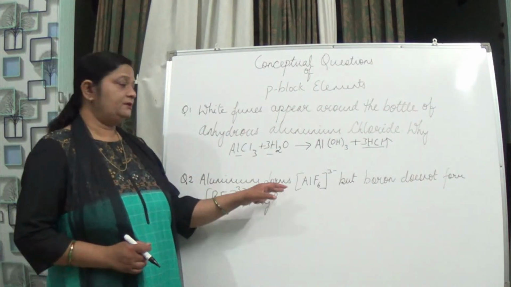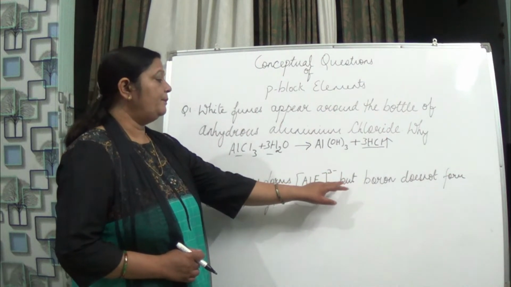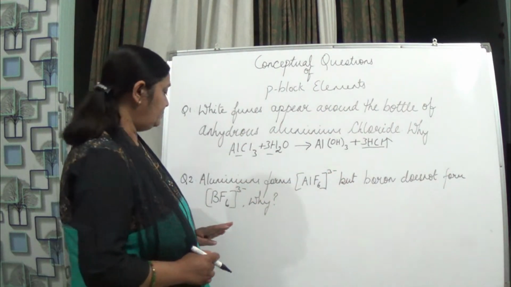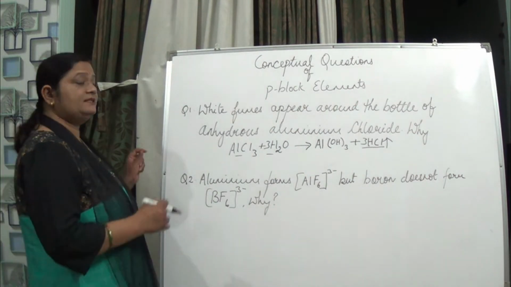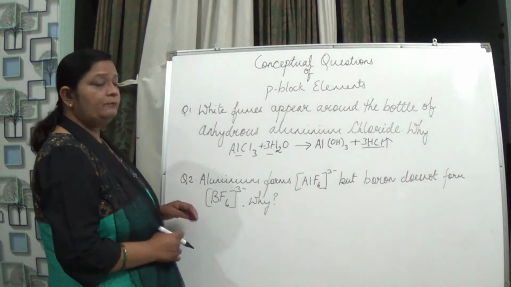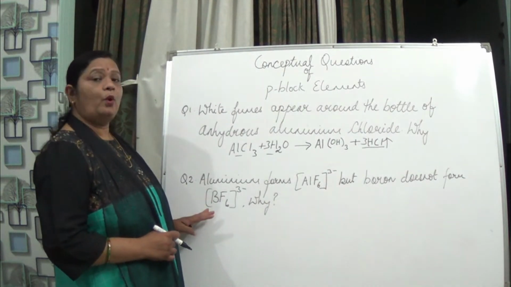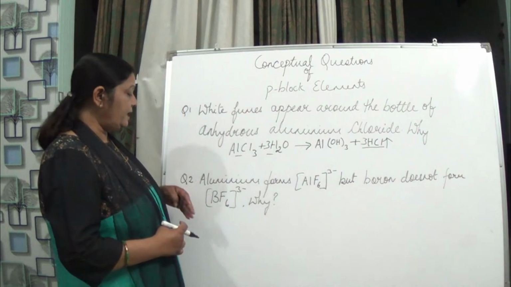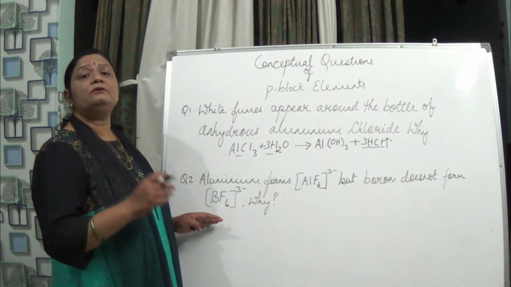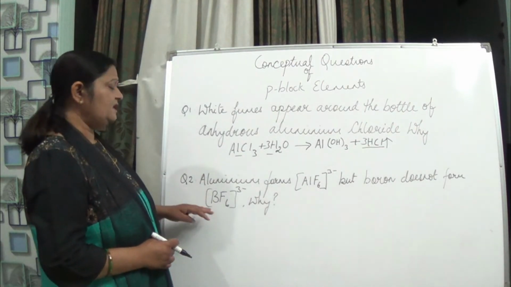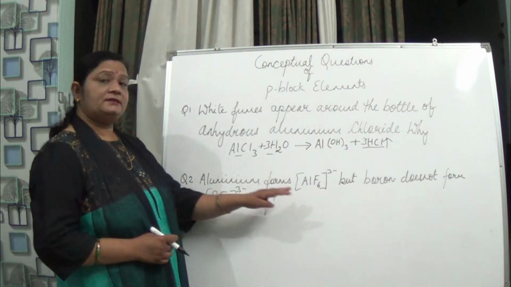Aluminium forms AlF6 3 minus, but boron doesn't form BF6 3 minus. Why? When we see aluminium and boron, they both belong to group 13. But what is the reason that boron and aluminium, even though belonging to the same group, boron can't form BF6 3 minus, but aluminium can?